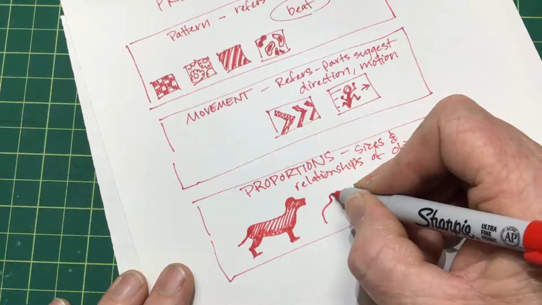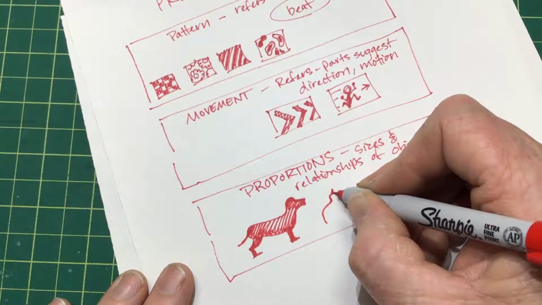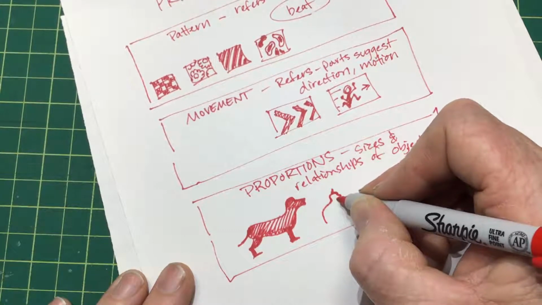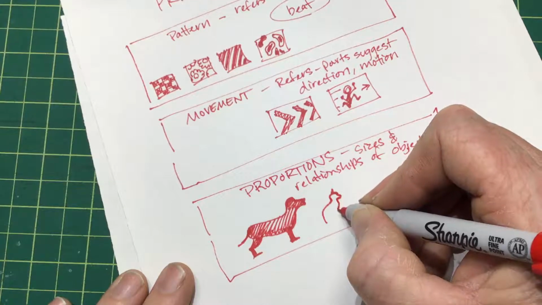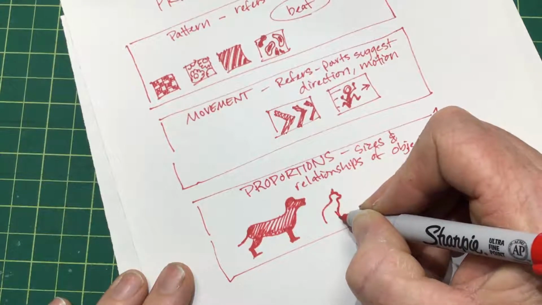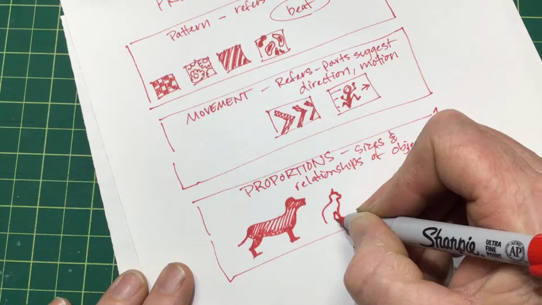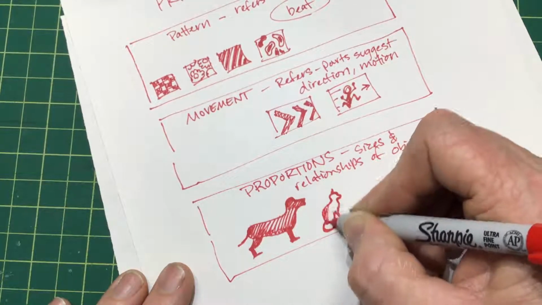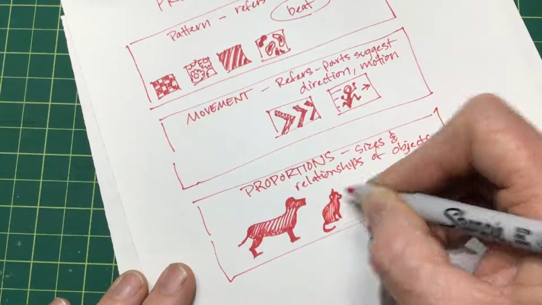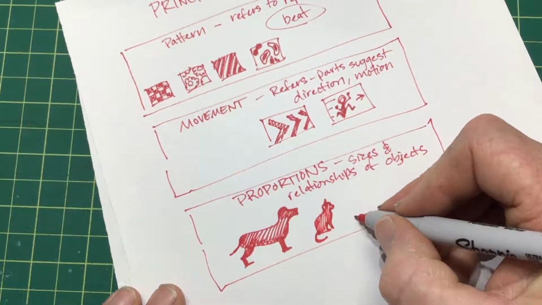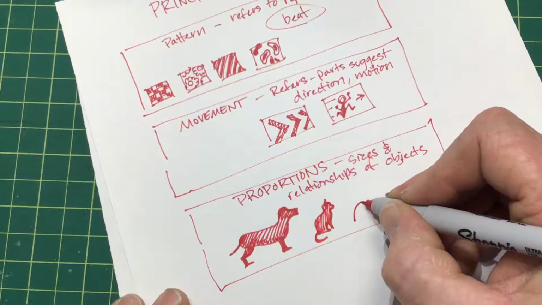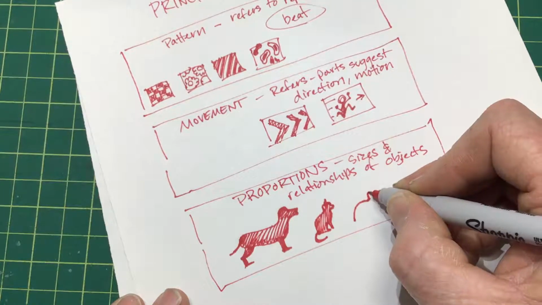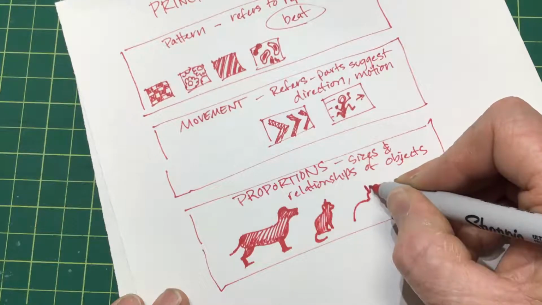Cats aren't usually huge, so there's less variety of sizes of cats unless we get into wild cats, but house cats. So I'm just making this cat sit here. You can draw this too. And here's its long tail. This cat is generally smaller than that dog. Now, in what case could we make that cat look bigger than the dog? Is as if it's really close up and the dog's way back in the background. Then the dog will look smaller than the cat.